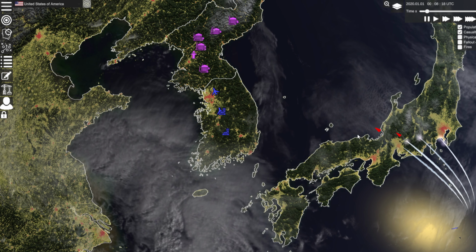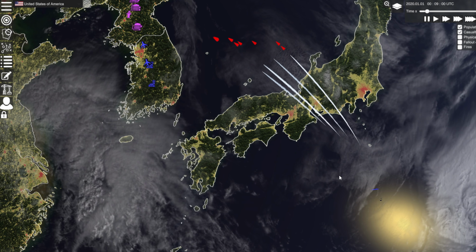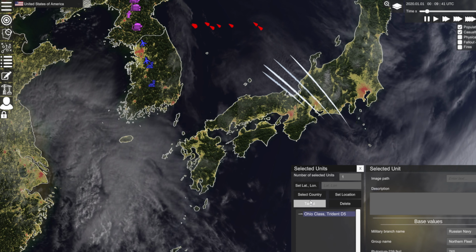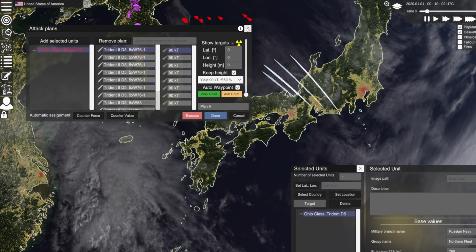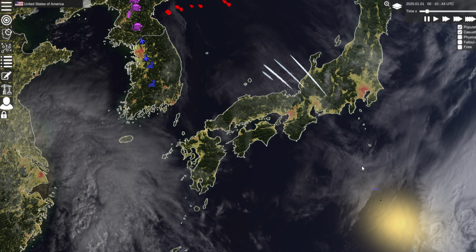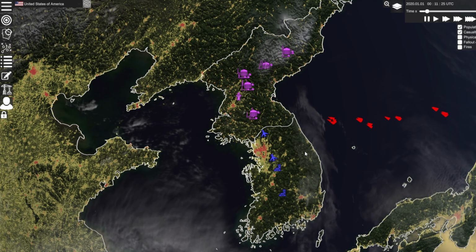We have the reentry vehicles. Okay, so what is being directed against the North Koreans are 90 kiloton nuclear devices.